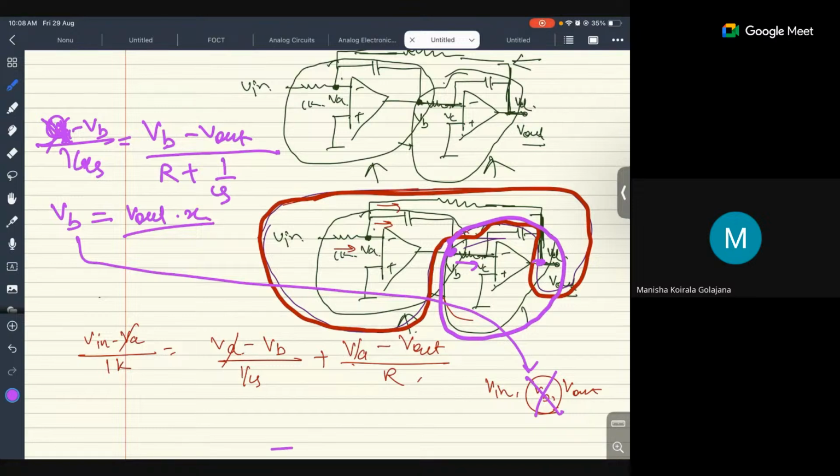Only the equation will be in terms of V in and V out. Clear? Now you can solve this equation and calculate V out by V in.